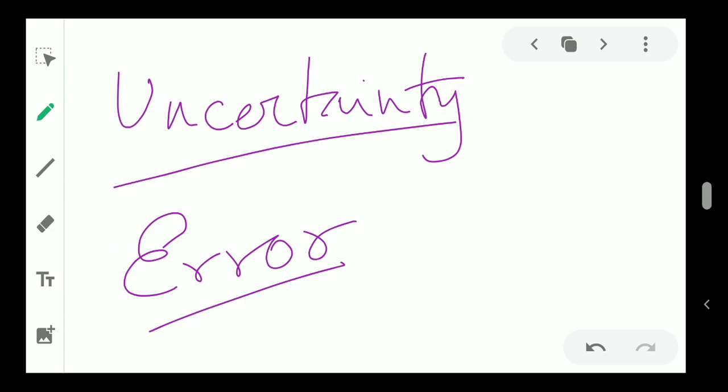You can see that note and easily do most of the problems. Uncertainty and errors problems are very easy, so you can do them. Whatever is possible I will teach you as far as I can.